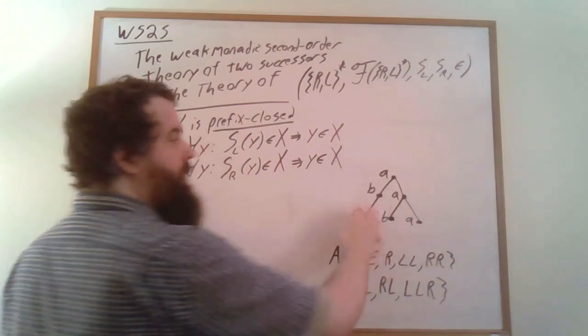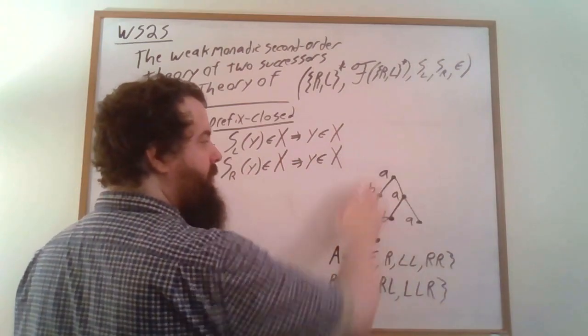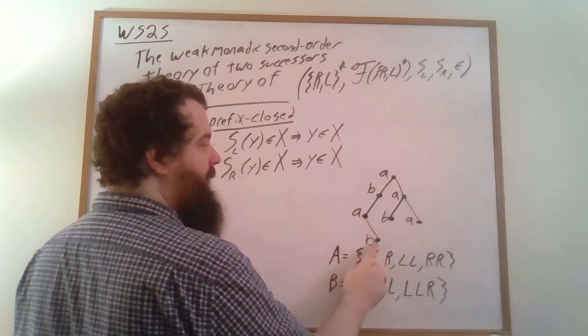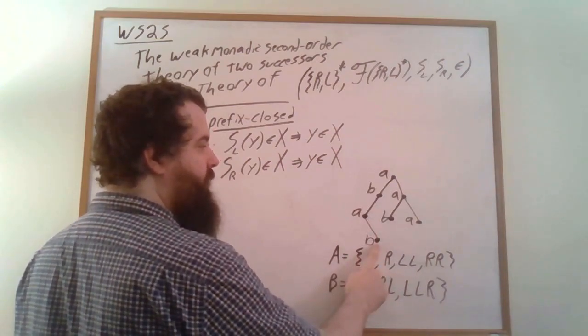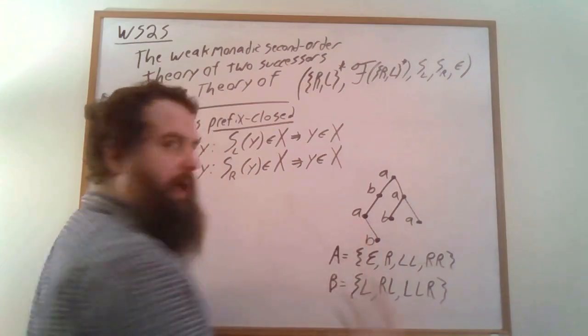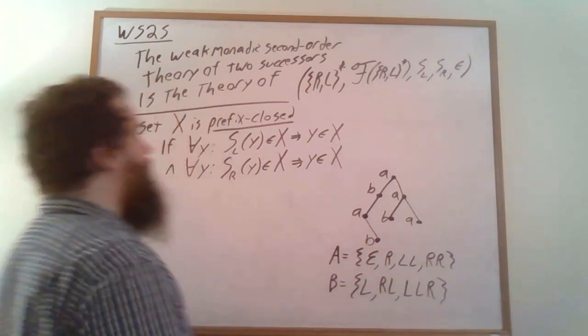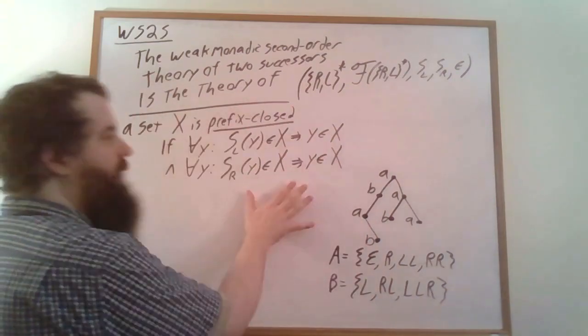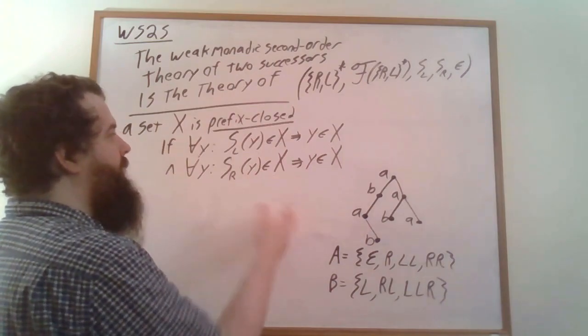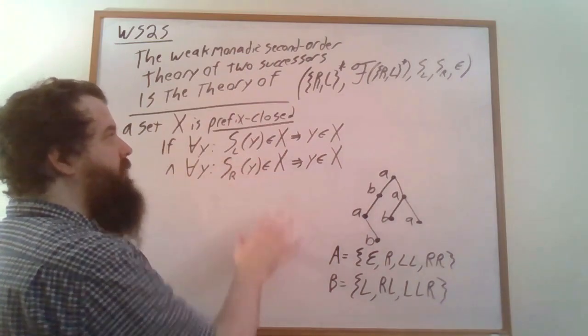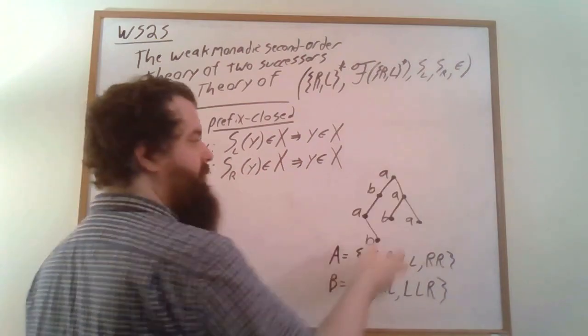One of the criteria for a tree, when we look at the nodes that are contained in the tree, anytime a node is contained in the tree, its parent also has to be in the tree. And that's exactly what this is expressing here when we're talking about words of L's and R's in terms of positions within this tree.